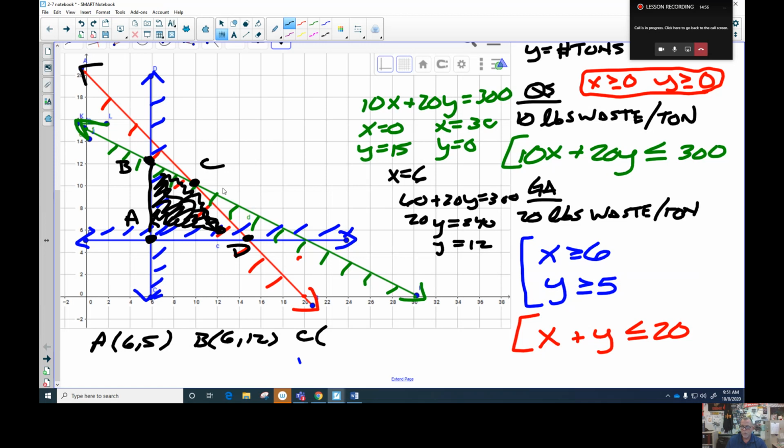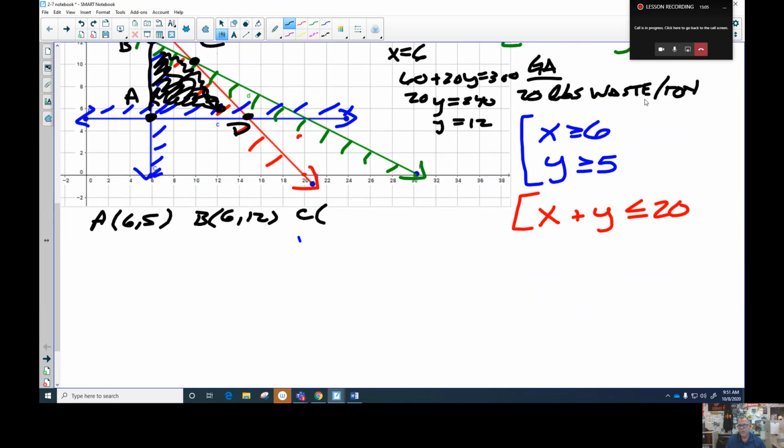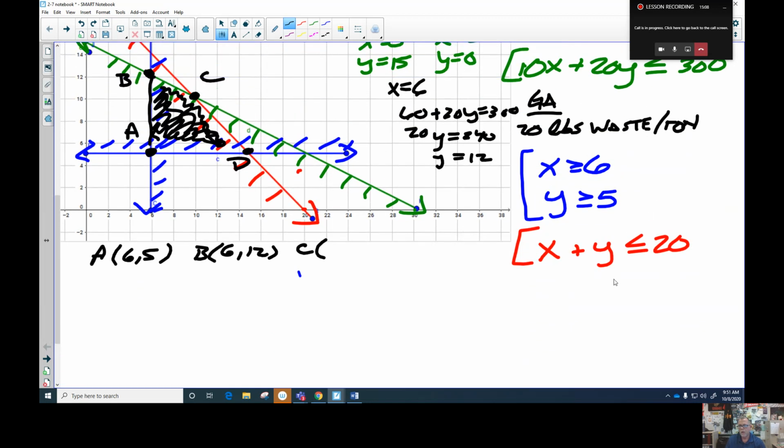And if you have a good graph, sometimes you can just do that. Now, if we didn't know for sure or didn't have any way of checking, you might have to literally solve the system that says I've got 10x plus 20y equals 300, and I've got the other one that is x plus y equals 20.